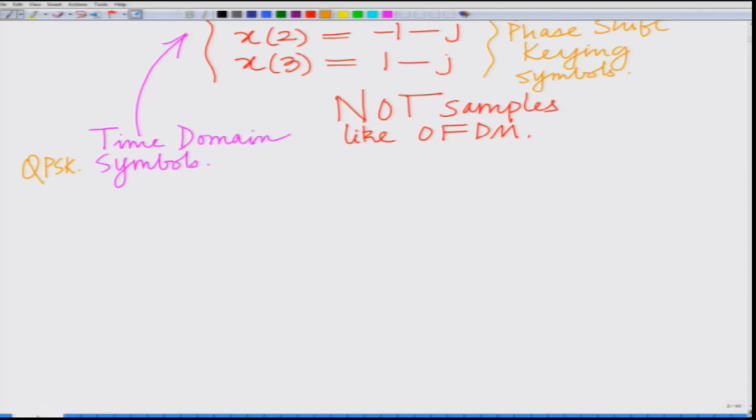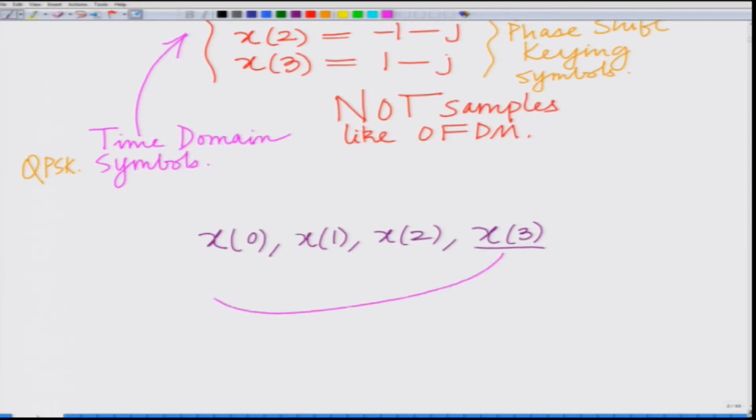Now what we are going to do is take these time domain symbols and add the cyclic prefix. So, I have x3, I take this x3 and I add this x3 over here.